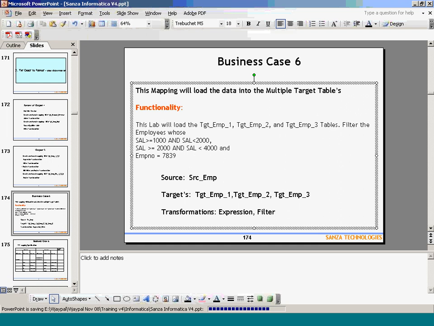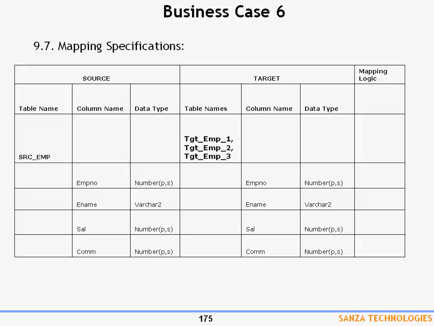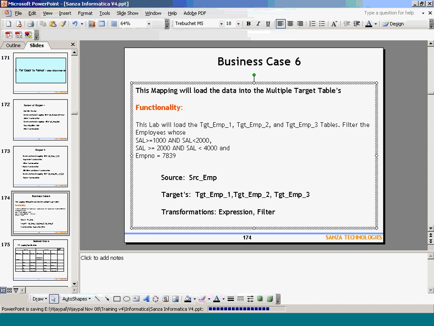Now let us discuss this. I'm extracting the data from the src emp table. I'm trying to load data into tgt emp _1, tgt emp _2, tgt emp _3. Means there are 3 target tables to be loaded. What is the condition?